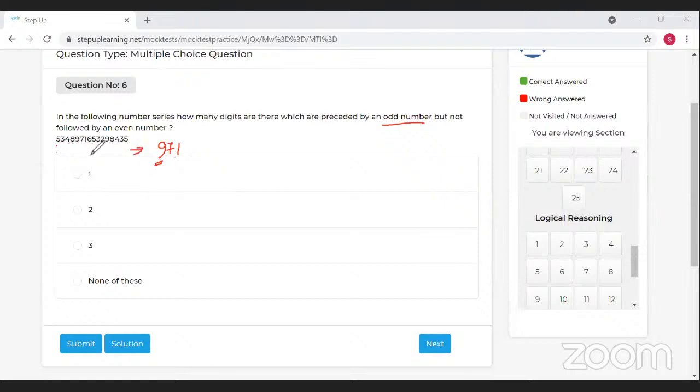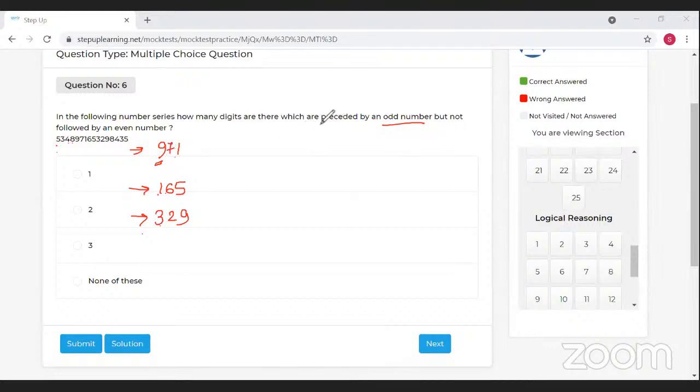Now look for other one. 6 could be 1653, preceded by odd number not followed by even number. Second case. 532, no. 329 can be another case, preceded by odd number not followed by an even number. 298, no. 984, no. 843, no. 435, no. So these are the three cases you are getting.